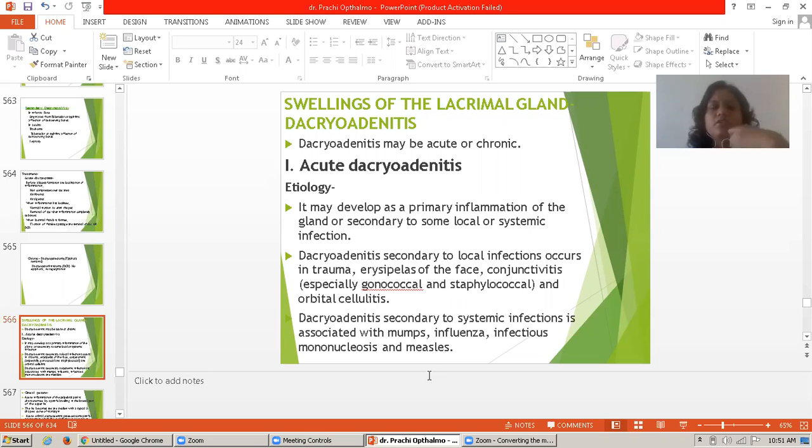Dacryoadenitis secondary to systemic infection is associated with mumps, influenza, infectious mononucleosis and measles.